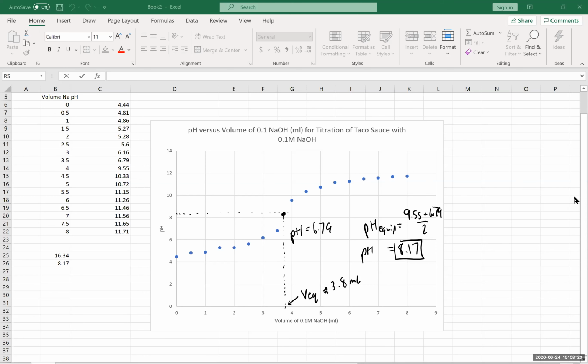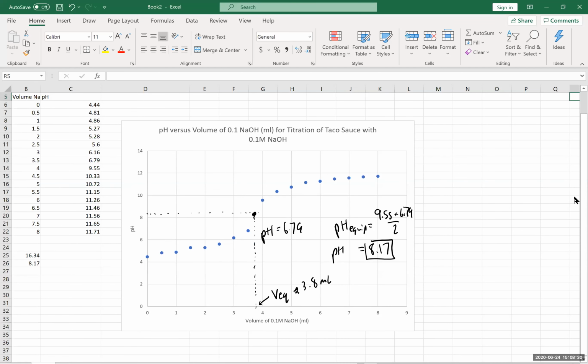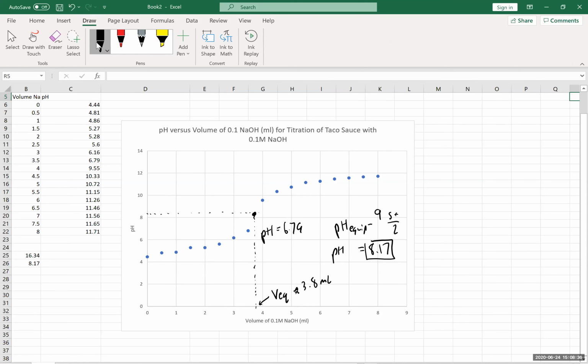On the side of your graph, it says 16.34 and 8.17. What is that? Yes, this is the calculation of the pH at the equivalence point. Let me make that clear. The pH at the equivalence point is the average of the two pHs from our inflection points.